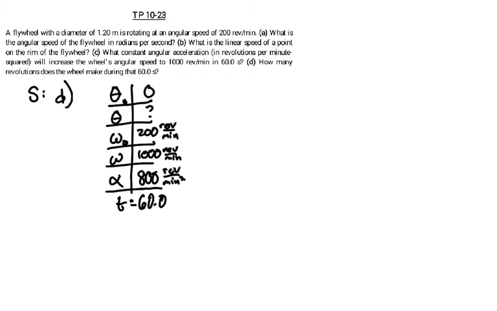So given this information, we need to find our final angular position. Given our initial angular position, we will then be able to find out the angular displacement, or how many revolutions occurred during our 60 seconds.